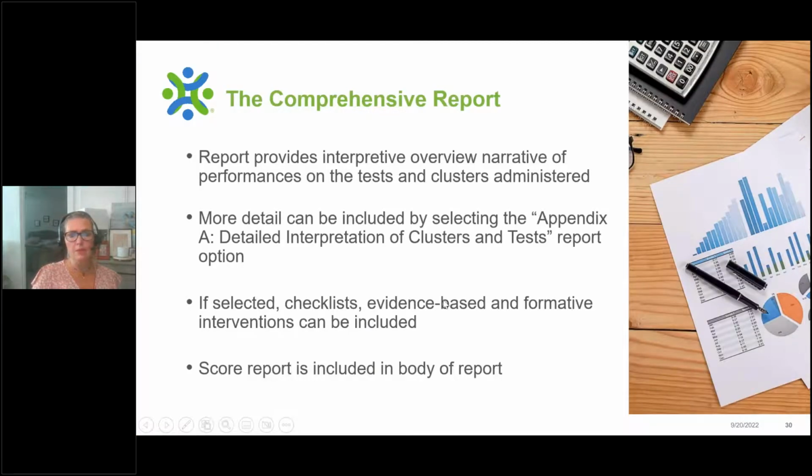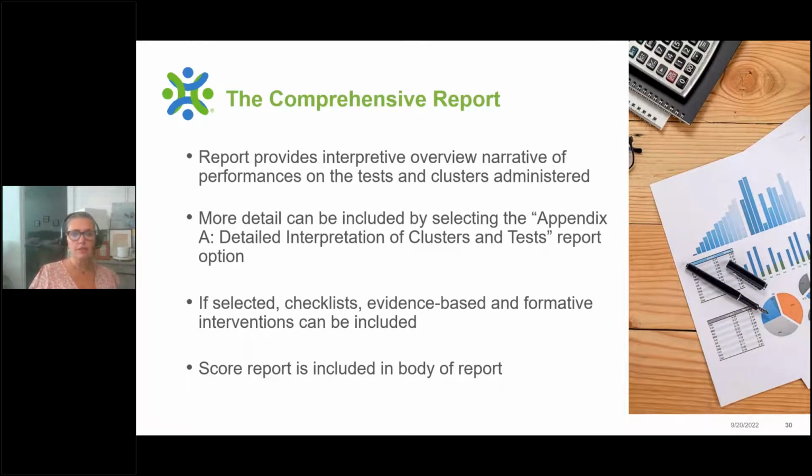So this comprehensive report is, again, much more detailed than the score report that comes with the WJ products. The comprehensive report provides you an interpretive overview, narrative of performances on the tests and clusters administered. And if you select the Appendix A, there's a more detailed interpretation of clusters and tests report option.